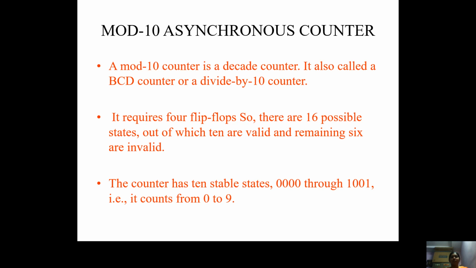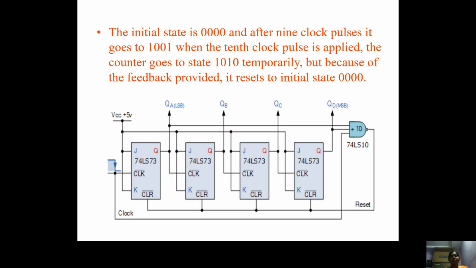The counter has 10 stable states which are from 0 0 0 0 through 1 0 0 1, which is 9. So it counts from 0 to 9; totally the counting sequence has 10 values. This is the design of the mod 10 counter, or decade counter, or BCD counter, or divide by 10 counter.